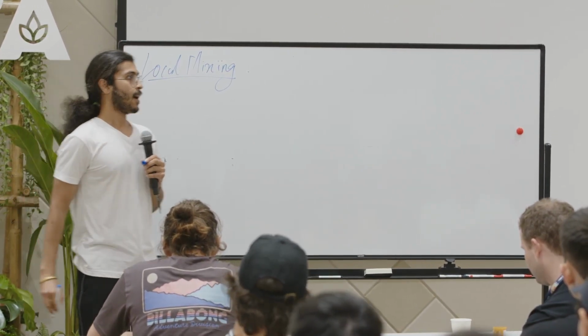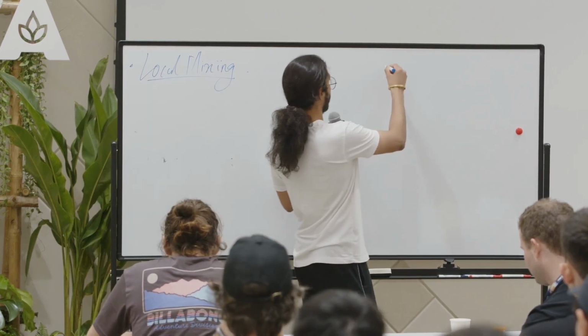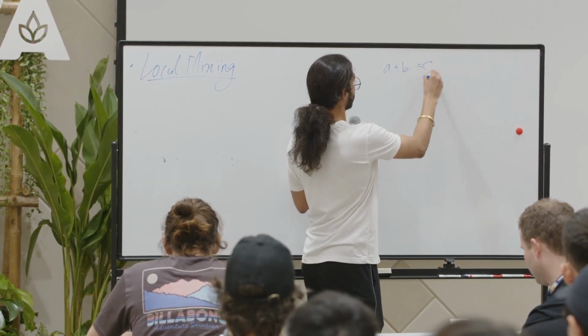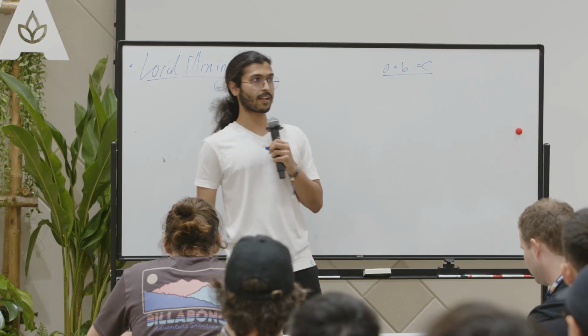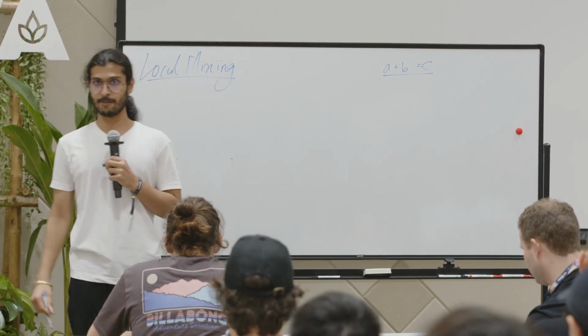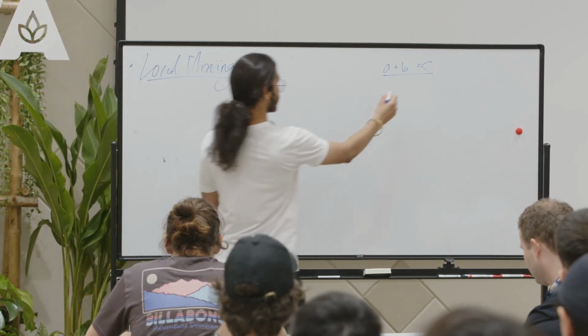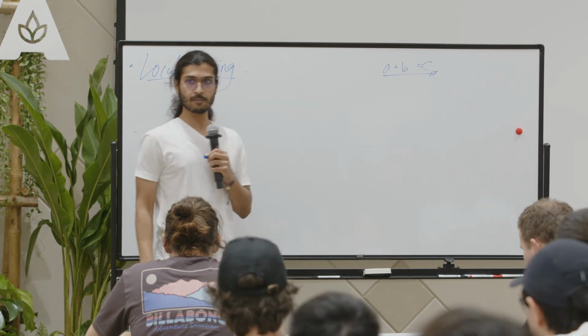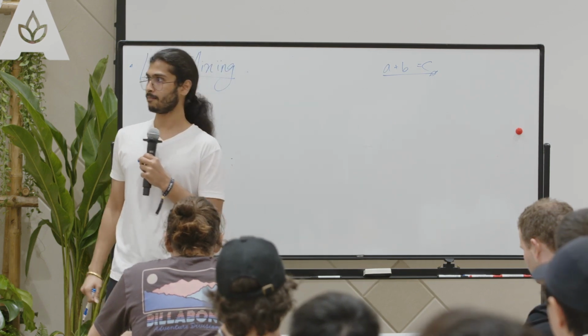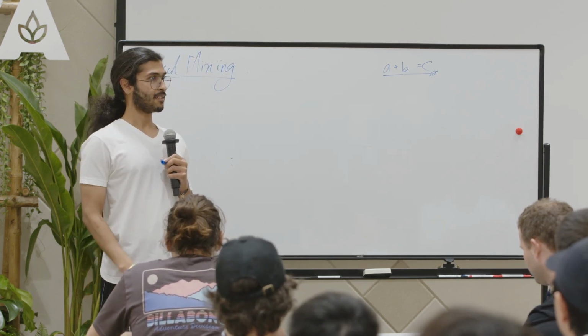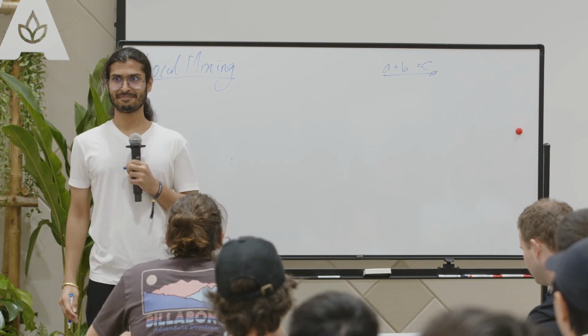Let's say A plus B is equal to C. I write a Boolean circuit for calculating A plus B is equal to C. If I give you C, can you find what A and B are from C? It depends.